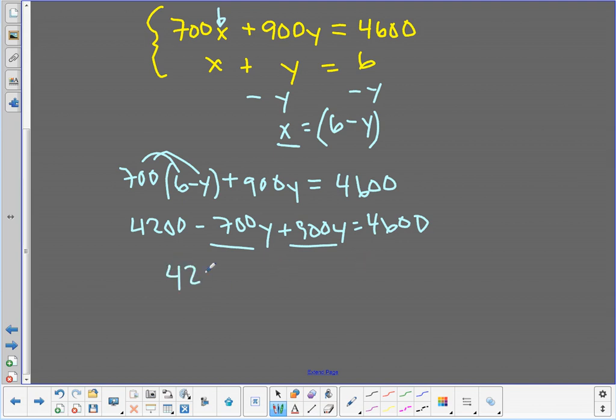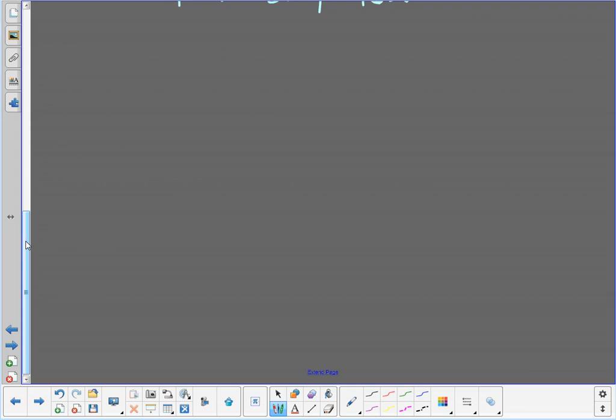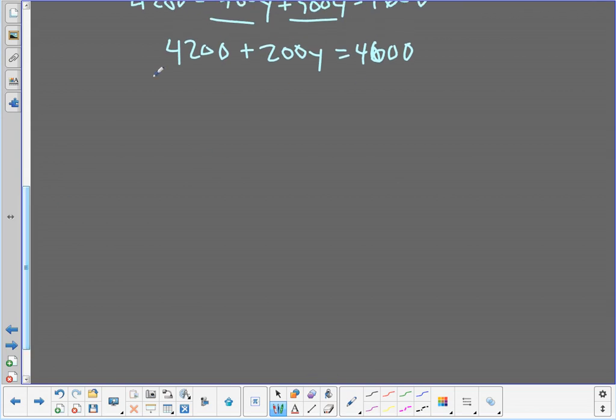So 4,200 plus 200y is equal to 4,600. So then once we are there, I'm going to subtract the 4,200. So I have 200y is equal to 400. And then divide that by 200.